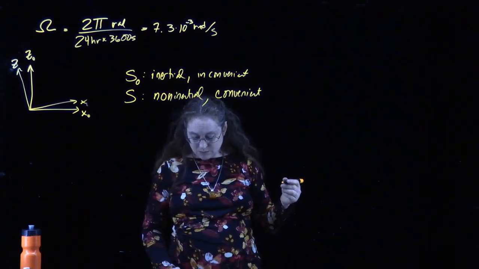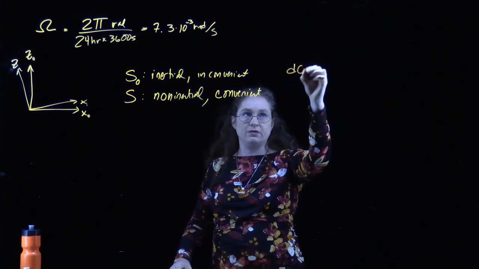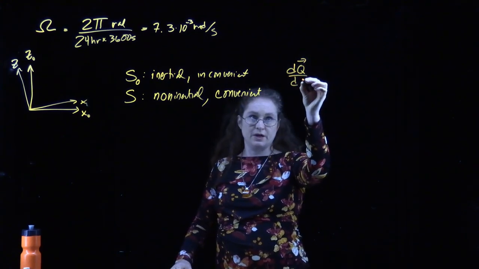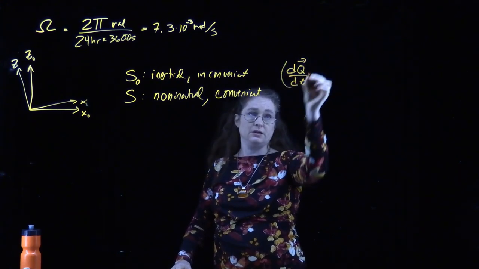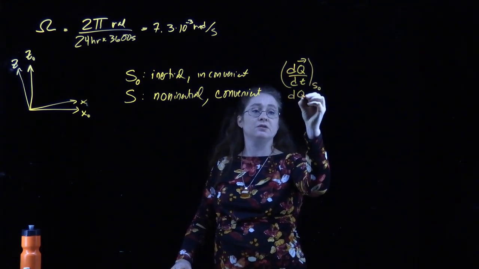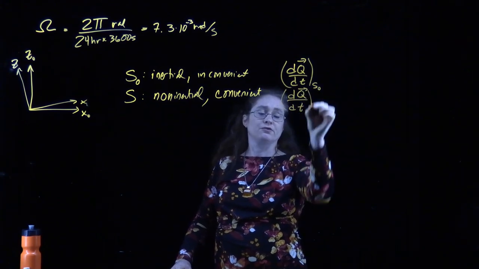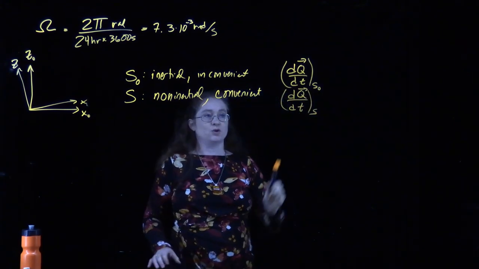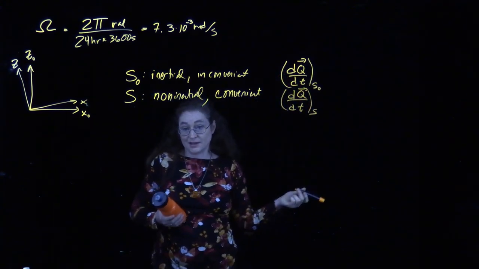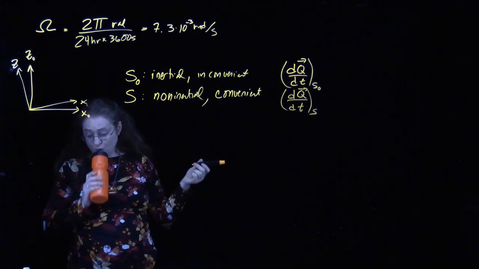I want to relate the time derivative of some arbitrary vector q in the frame S naught to the time derivative of the vector q in the frame S. So this is in the inertial frame.